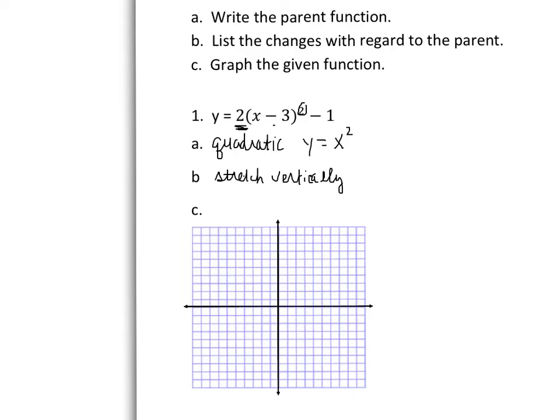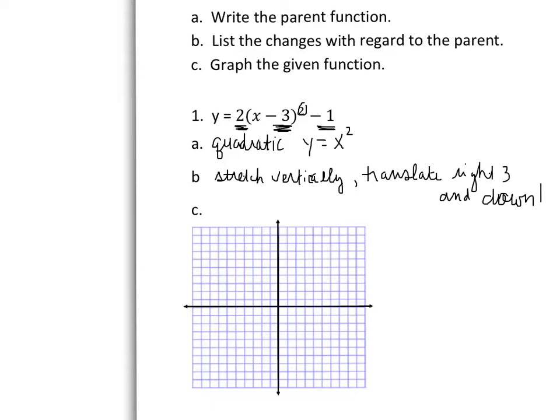The -3 on the inside is going to make it move to the right, so translate right 3, and the -1 on the end of it is going to make it move down 1. And since I've already used translate, it's okay to put and, so translate right 3 and down 1.